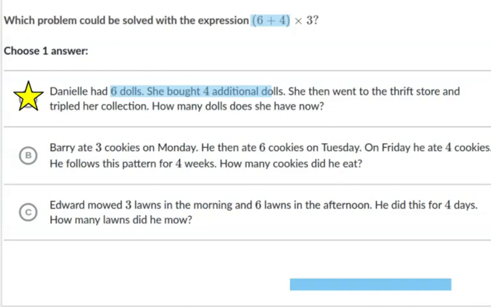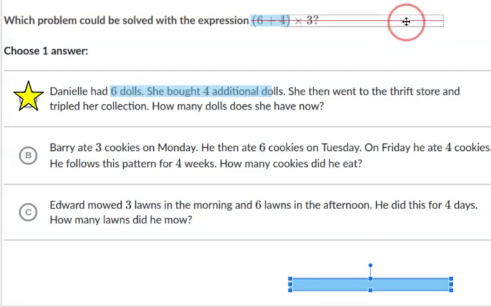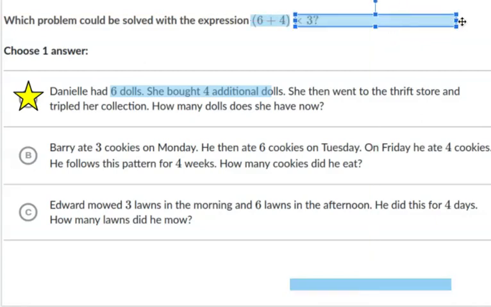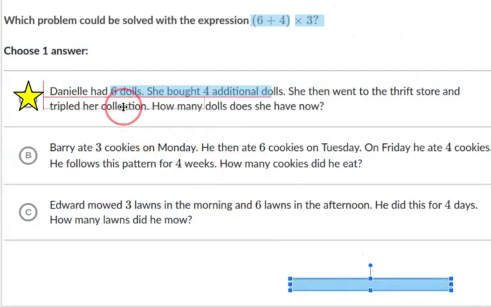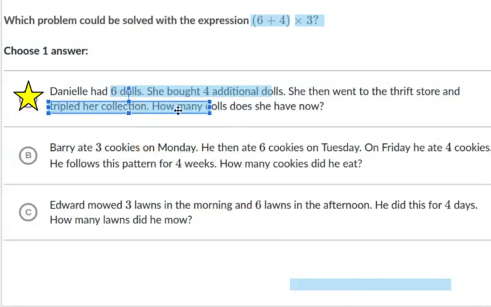Well, then she decides to go to the thrift store, and where you see that times 3 is right here with the word tripled. Just like doubled means to multiply by 2, tripled means to multiply by 3. So you can see that this matches up with this piece and this matches here.